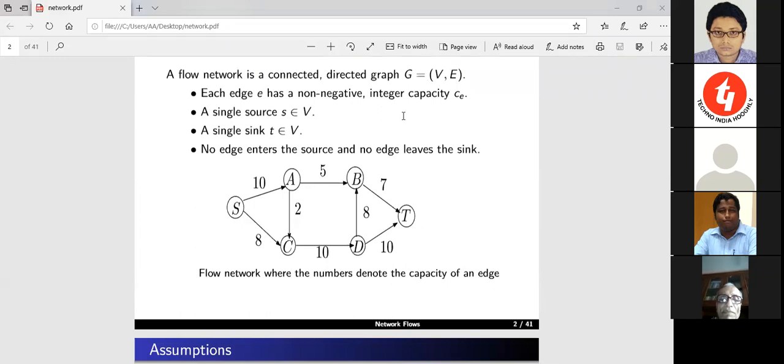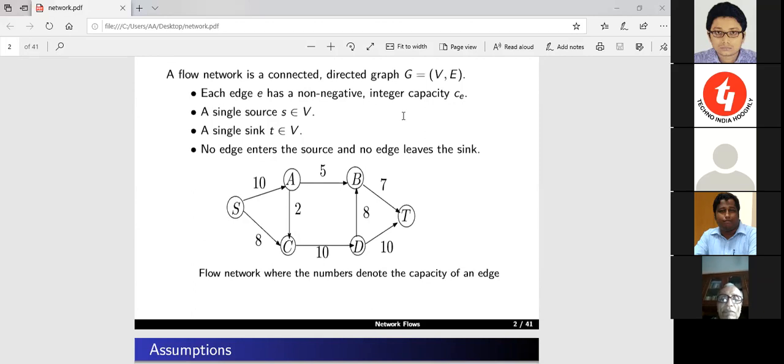But I can think of 13 units of flow, where from S to C, C to D, and D to T, I flow 8 units, and from S to A to B, and B to T, I flow another 5 units.